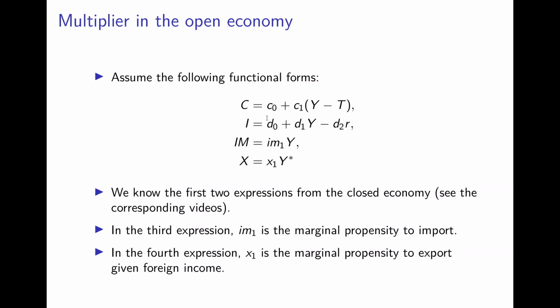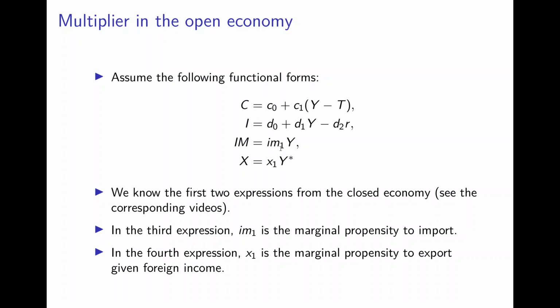We start this by assuming the following functional forms. We have consumption is equal to autonomous consumption plus the marginal propensity to consume times the disposable income, and disposable income is total income minus taxes. Then we have investment. Investment is equal to autonomous investment plus the part of investment of the firms that depends on spending in the economy minus the effect of the interest rate with a coefficient D2.